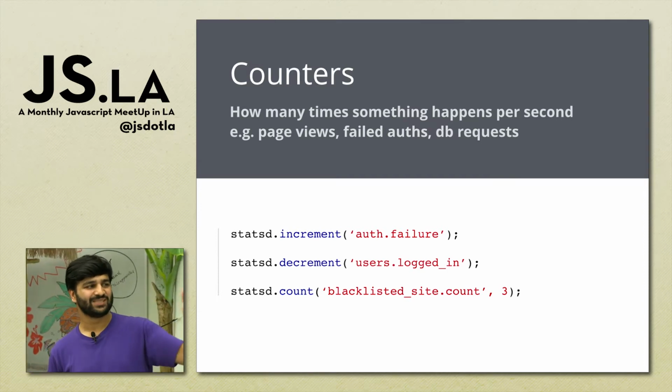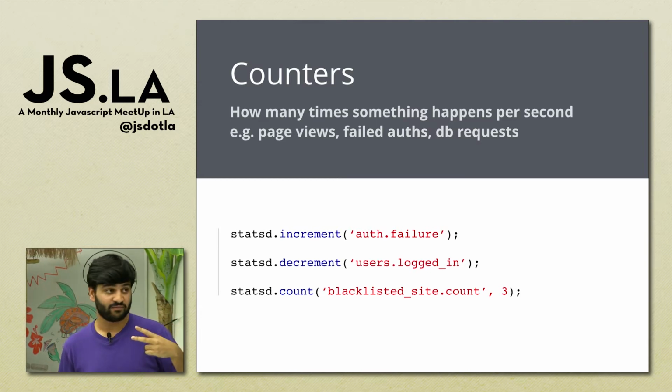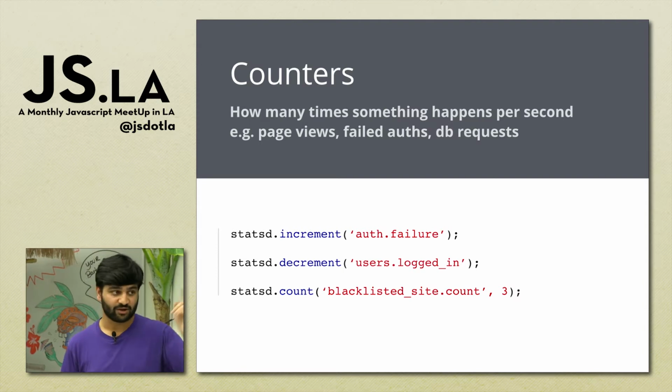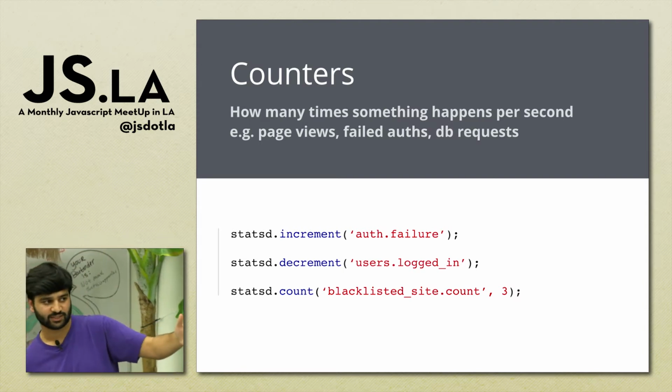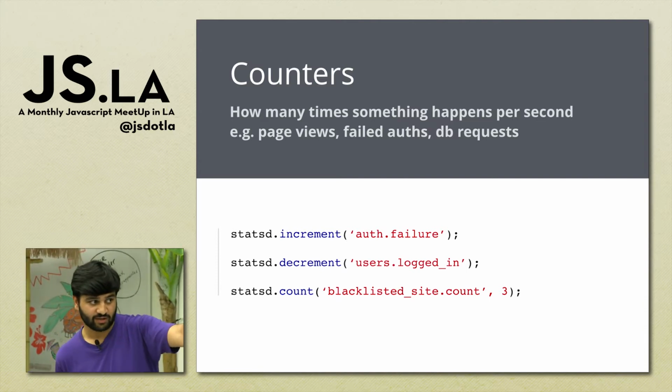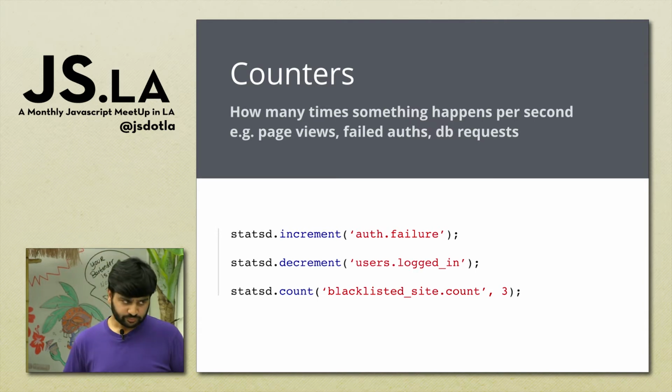We use it to track, for example, page views, failed authentication, database requests. Just put a counter on it. There are many different ways you can influence a counter: you have standard increment and decrement operations, and then you have a count operation.